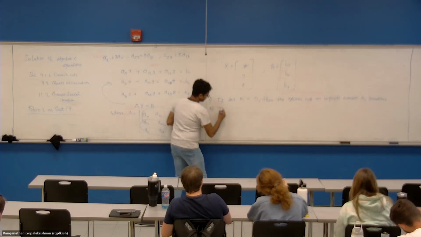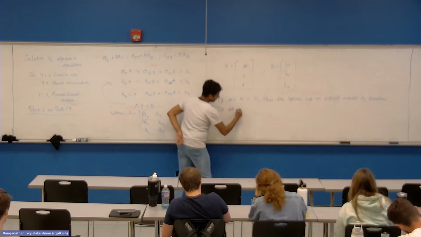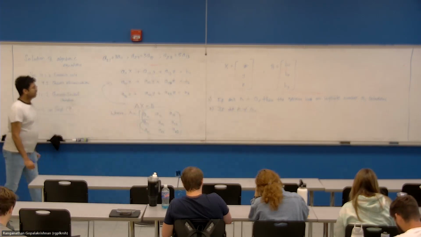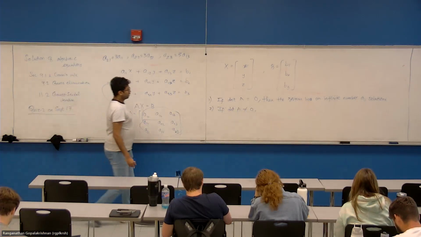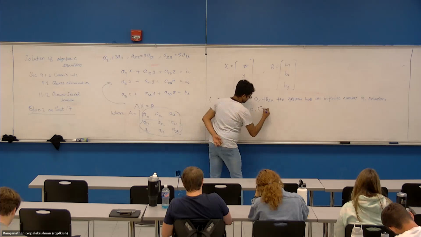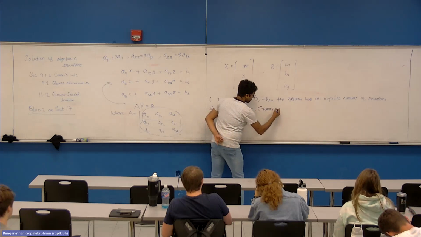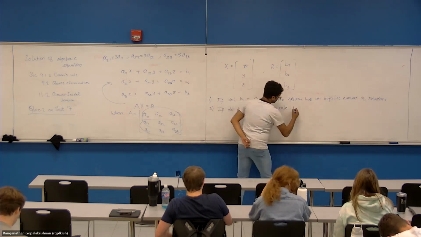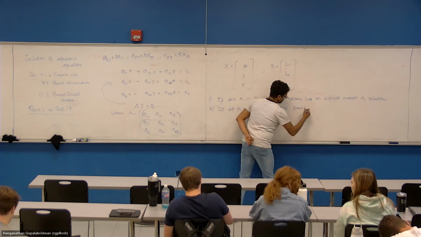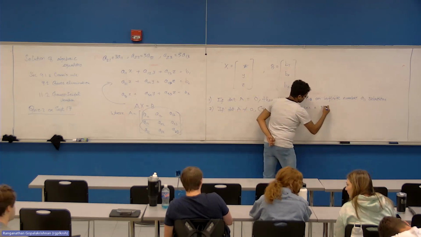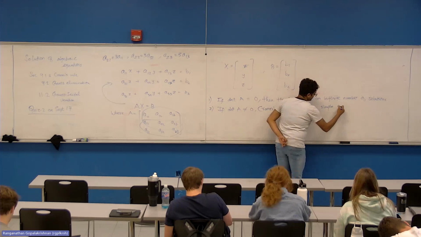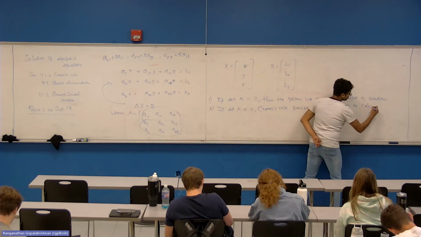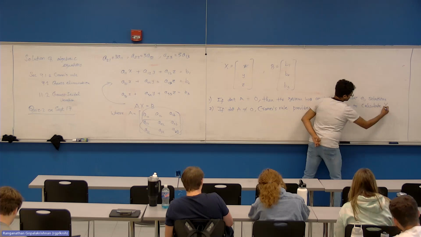If the determinant of A is non-zero, okay, Cramer's rule, obviously Cramer is the guy. Cramer's rule provides a simple means to calculate the solution x.